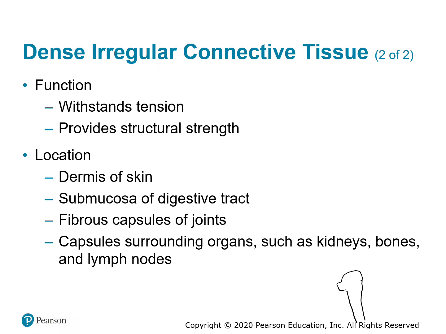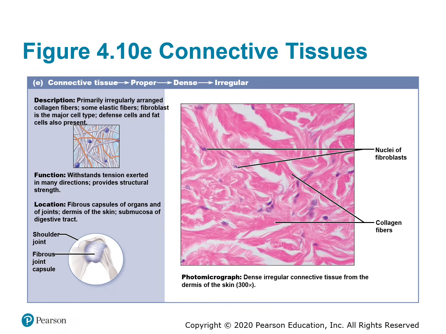There's a little layer of connective tissue on top of your bones to keep them where they need to be. This is that dense irregular. You see our collagen fibers, all kind of willy-nilly, helter-skelter, just doing whatever they want. But they are strong. They resist tension.